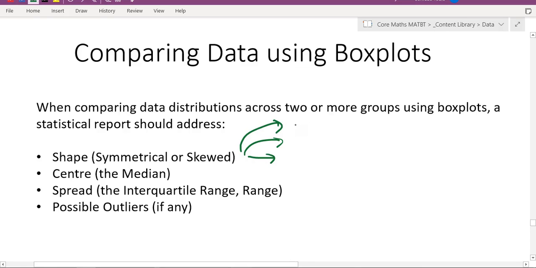You've got positively skewed, good, negatively skewed, and approximately symmetrical. Not exactly symmetrical, but approximately. So write these down. You've got three options for shape: positively skewed, negatively skewed, and approximately symmetrical.